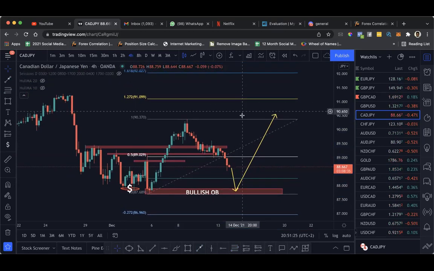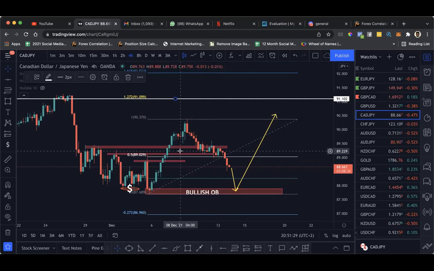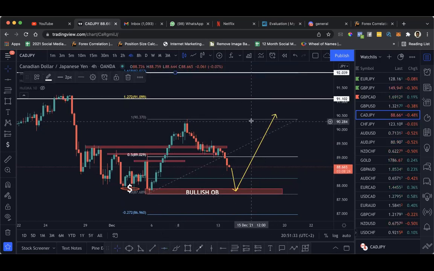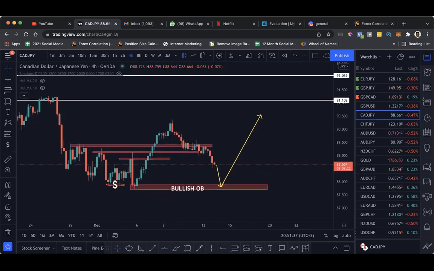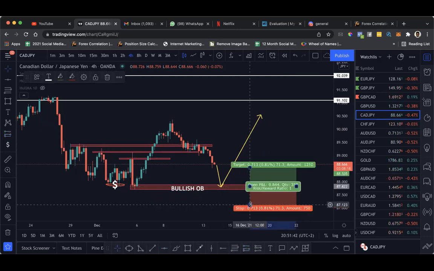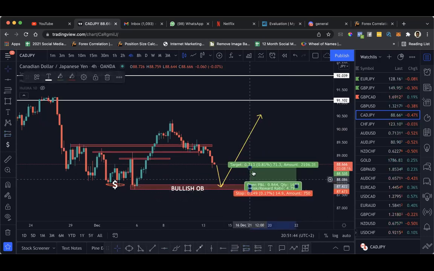So this will be your first take profit. This will be your second take profit. And then this is your entry zone here. You want to buy somewhere around here. This will be your stop loss.